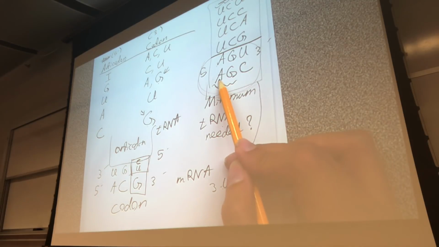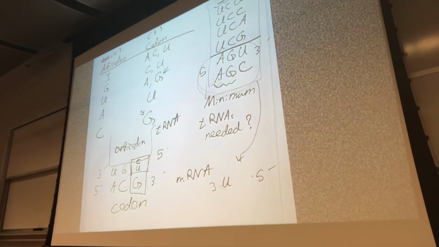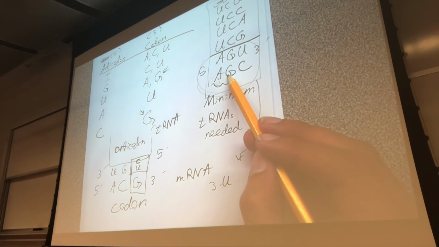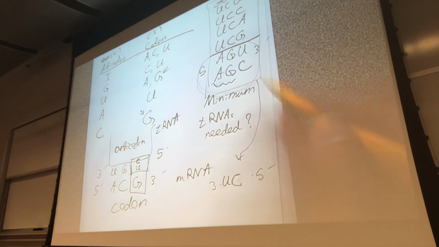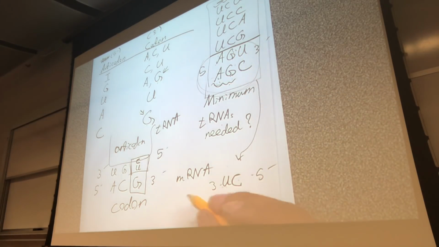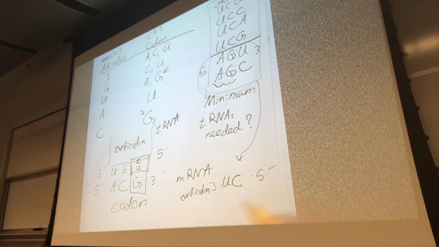Because that's canonically base pairing with the A's in the codon. Remember, the first 2 bases have to be canonical base pairing, no exceptions. The next base in the anticodon has to be what? C, because the second base in the codon is G, and therefore on the anticodon it must be C, because there are no exceptions. The first 2 bases in the codon must experience canonical base pairing.